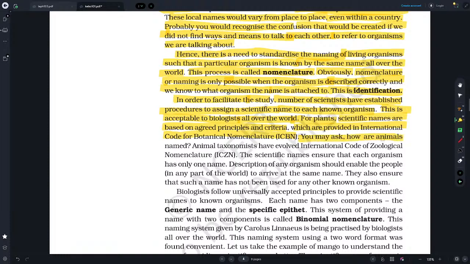You may ask, how are animals named? Animal taxonomists have evolved the International Code of Zoological Nomenclature (ICZN). The scientific names ensure that each organism has only one name, avoiding confusion. Description of any organism should enable people in any part of the world to arrive at the same name. They also ensure that such a name has not been used for any other known organism.